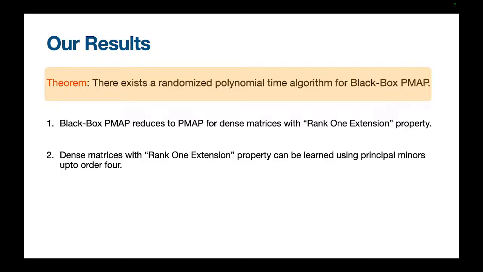By dense matrix we mean that all of the off diagonal entries are non-zero, and it has some property which we call the rank 1 extension property, which I will define in the next slide. One note is that this is the only part where we use randomization. In the second part we show that we can learn the principal minors of dense matrices with this rank 1 extension property using only principal minors of order up to 4.